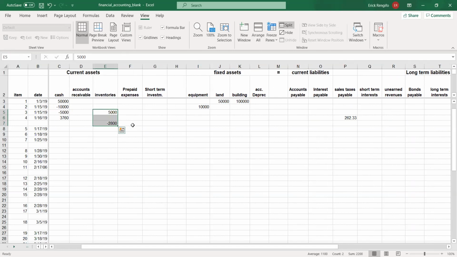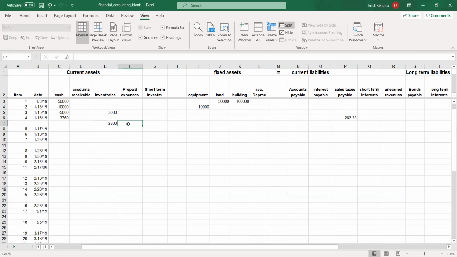Okay, I need to reduce my inventory as well. Okay, with number 4. Okay, questions.